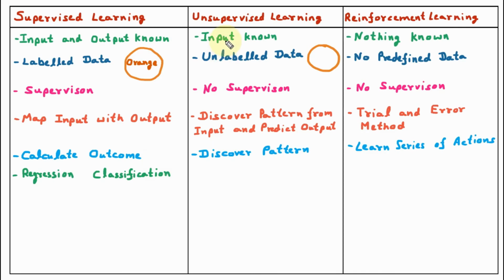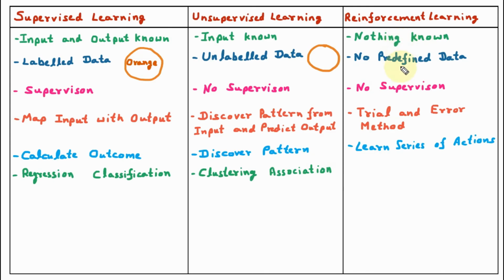In unsupervised learning, we solve problems like clustering and association. This is also called associative rule mining. In clustering, we create clusters. Because we don't have an idea about the output, we can cluster similar types of objects. In association, we discover interesting relations between variables of a large dataset.